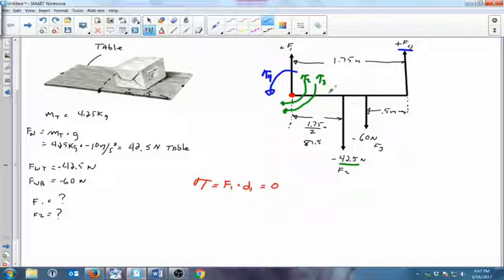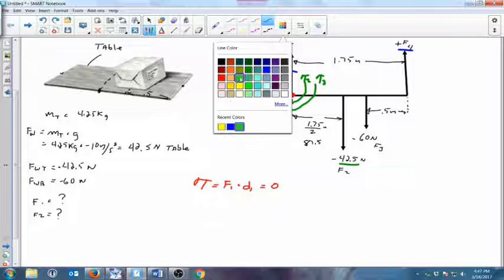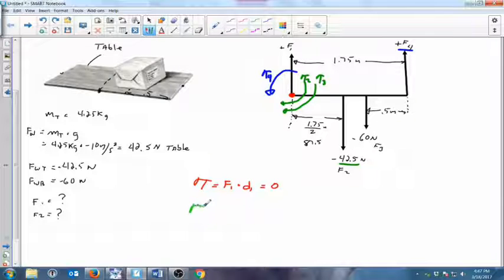So let's see what we have for these values now. Torque 2, might as well keep them in green, right? Torque 2, our green guy, is going to be equal to force 2 times distance 2, which is the same as, well, what's our force?